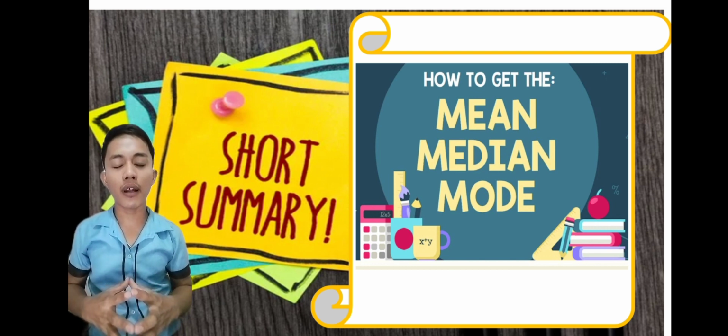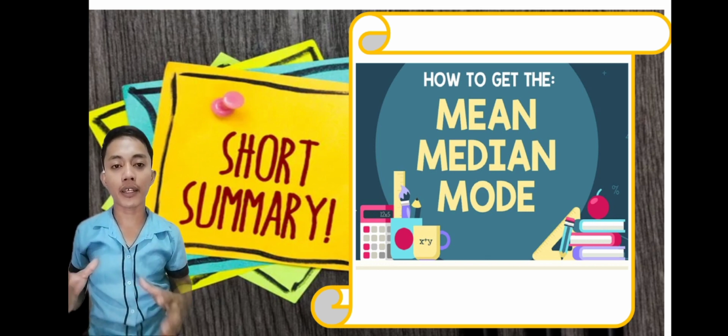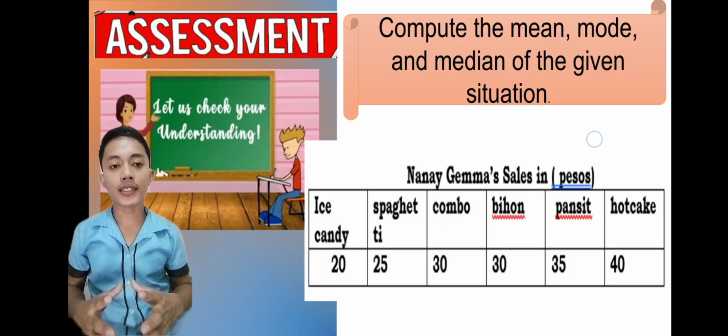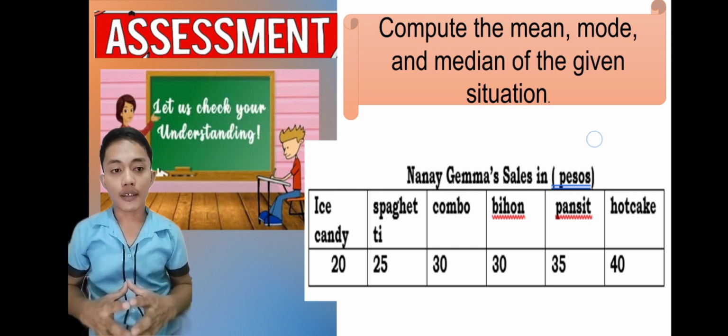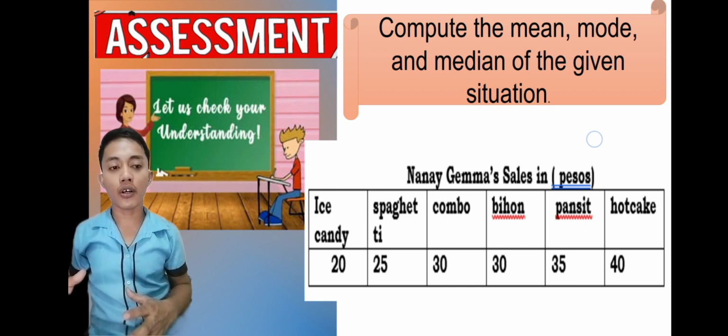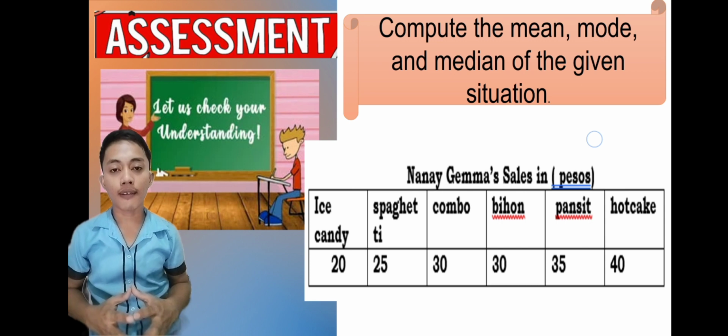The value that occurs most often in the data set is the mode, or the other term, the repeating number. Now, it's time to check whether you learned something on this topic. You can have your pen and paper there and try to solve this data set below. Compute the mean, median, and mode based on the given situation.